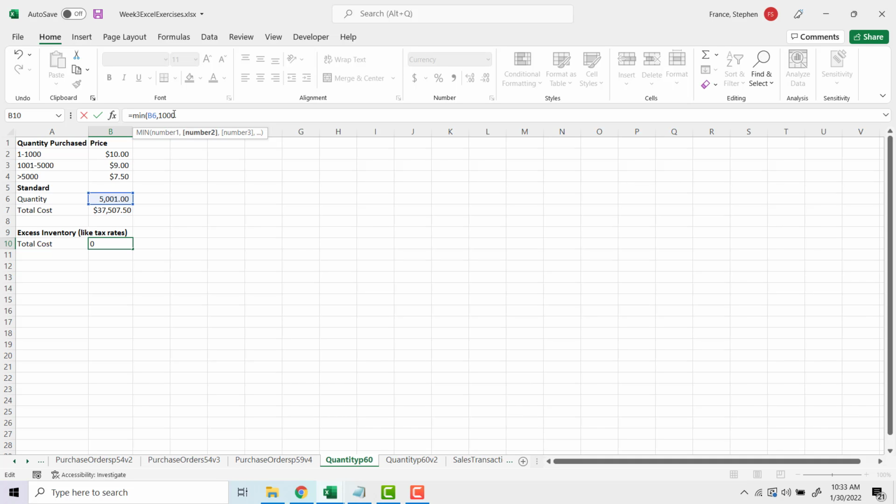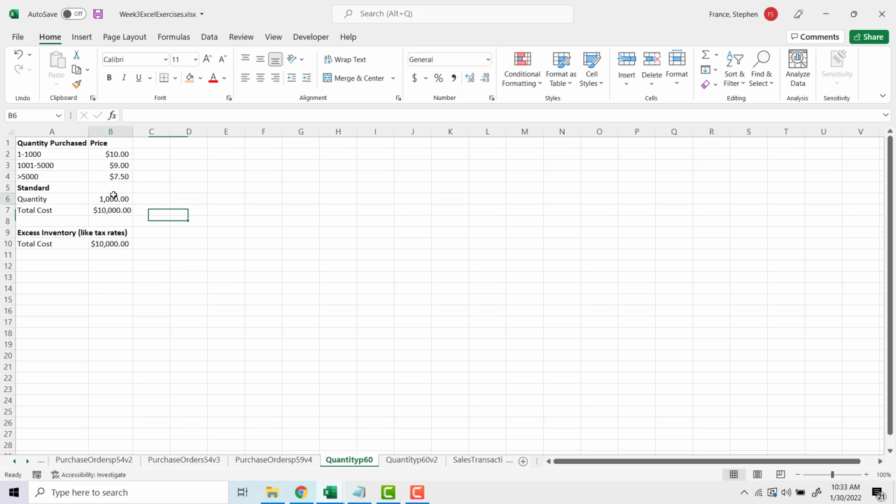It's charged at $10 because once we get over 1,000, we're going to be charged less than $10. So this is for the first 1,000. If I have 1,000, it's $10,000. If I have 1,001, it's still $10,000 because we're only doing the first 1,000 at $10.